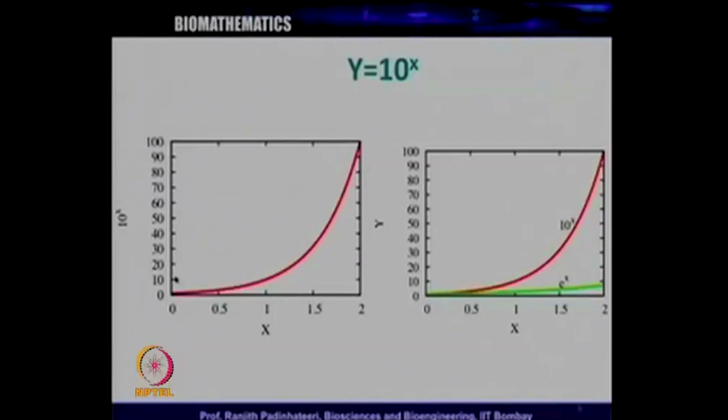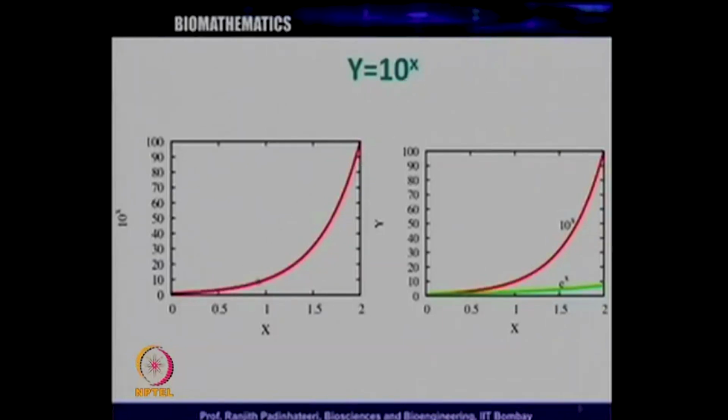So, the function is y equal to 10 power x, and as you see in the graph, this is also an exponential function. Here x is in the exponent, so it is 10 power something.